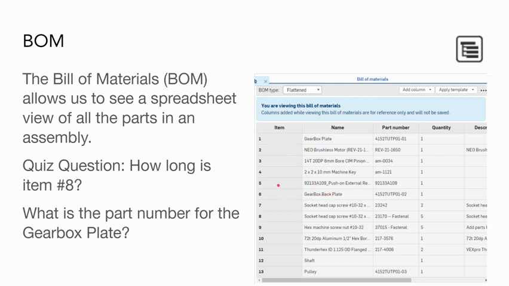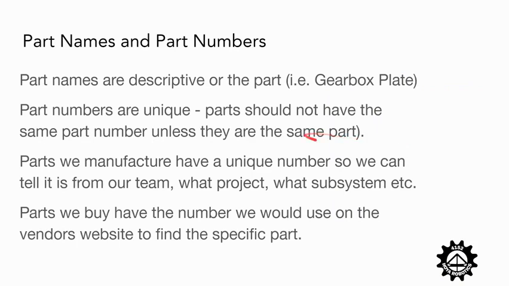The other thing is that the gearbox plate has a part number, and that's one of our other quiz questions. So when we design a part, we come up with a name and a part number. So part names are descriptive. So gearbox plate, it makes sense. It's easy to understand what that is. The problem is that we may have different gearboxes, and so we might have different gearbox plates.